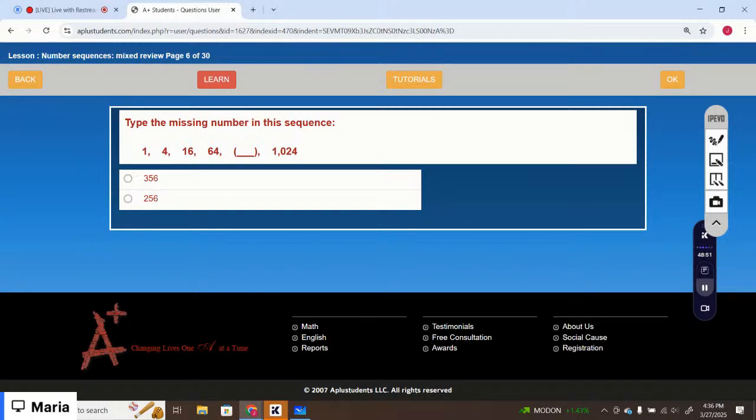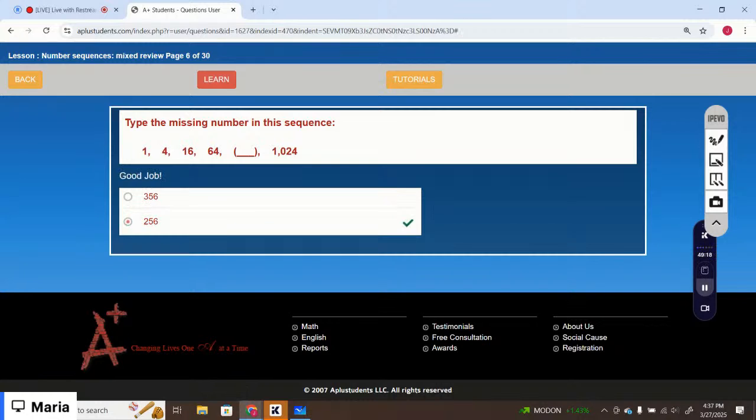Type the missing number in the sequence. 256. It is option number 2.